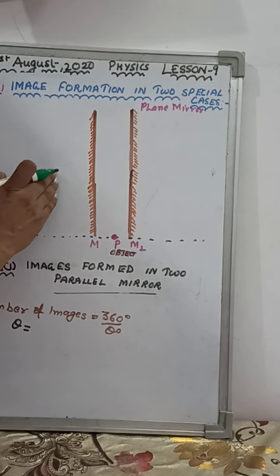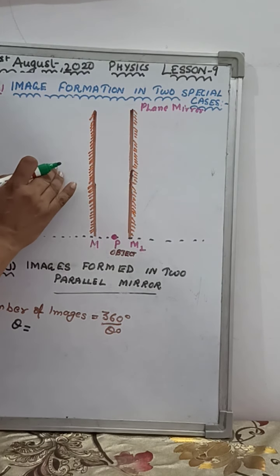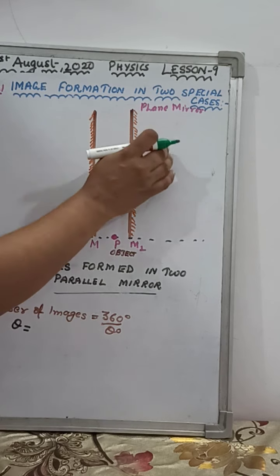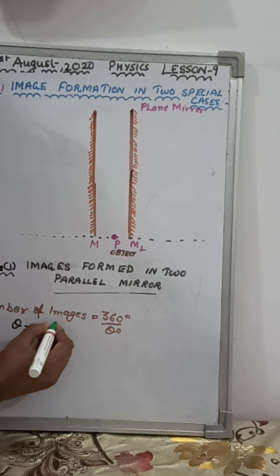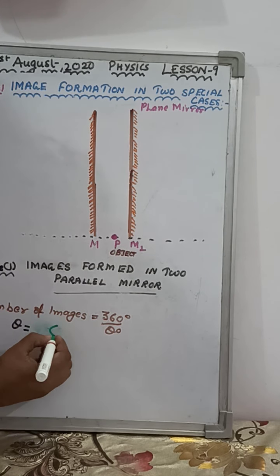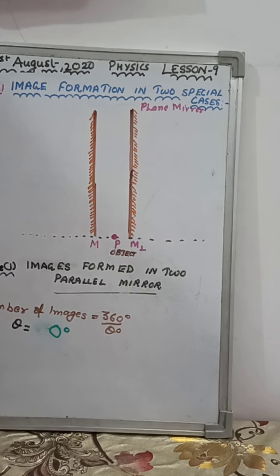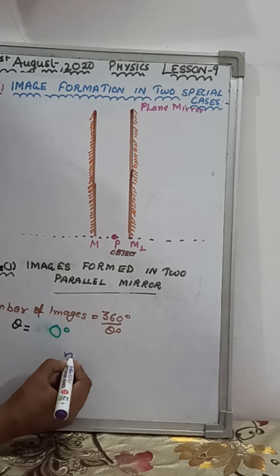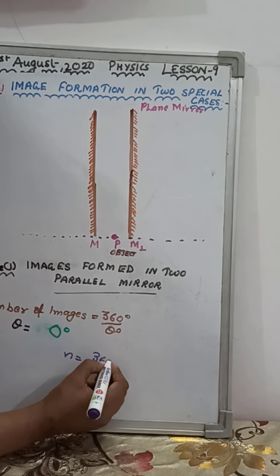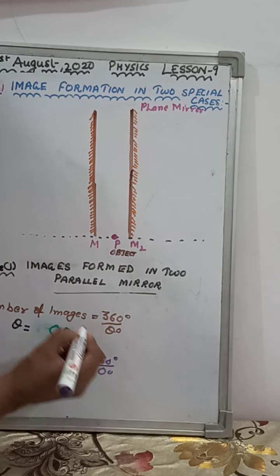When the two plane mirrors are parallel, the angle between them is 0. How much is the angle? 0 degree. When two lines are parallel to each other, the angle formed between them is 0 degree. So let us put the value for the number of images, that is 360 degree upon 0.